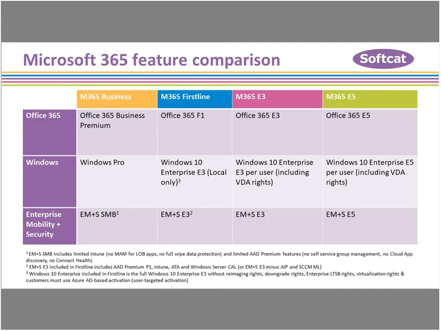In terms of EM&S, so Enterprise Mobility and Security, fundamentally, E3 and E5 are the ones that Microsoft certainly focus on. Yes, elements of EM&S are included within the F1 and the business plans, but it is certainly cut down.